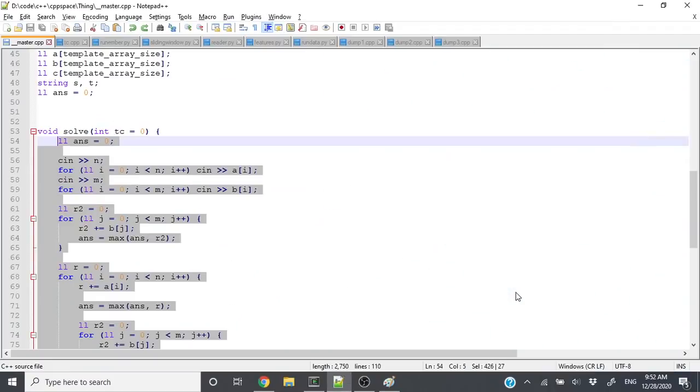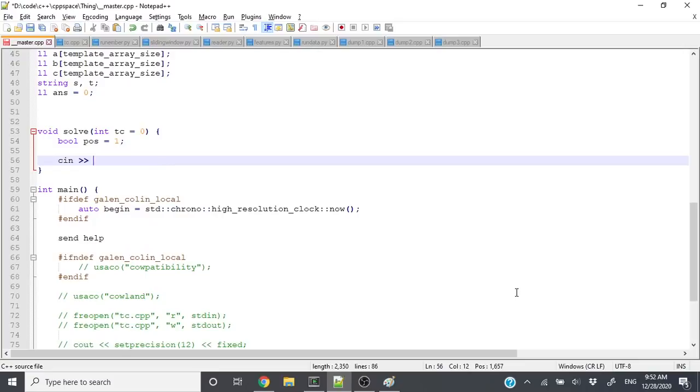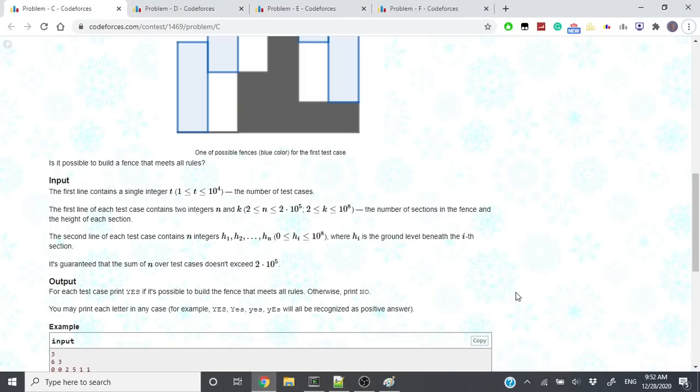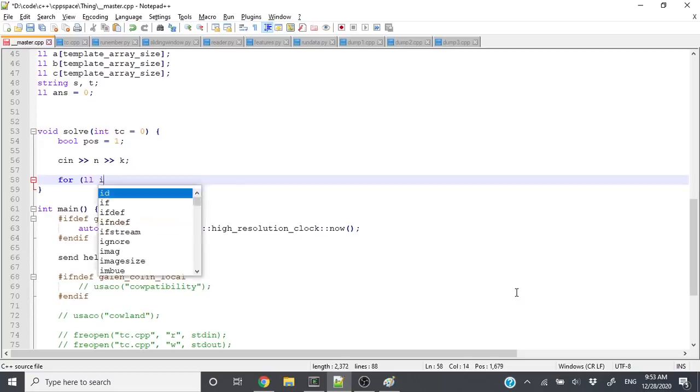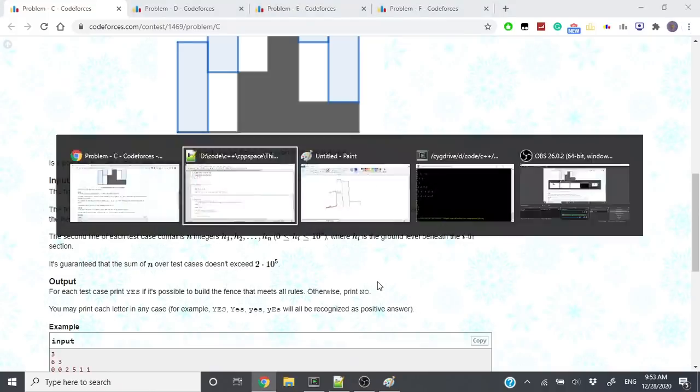Let's see. Let's not make the mistake of reading in only half of the input and breaking.